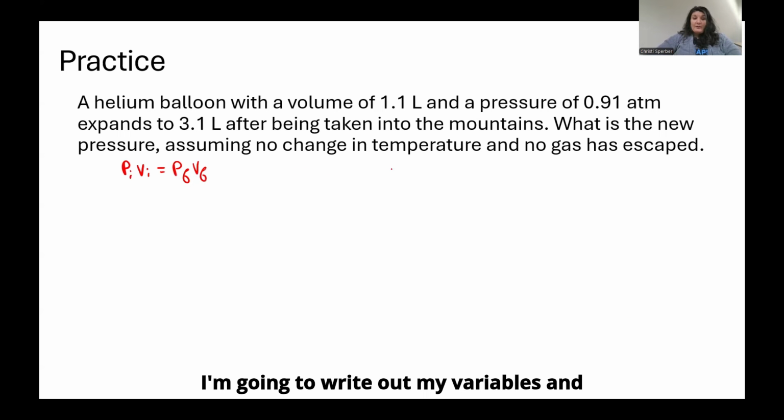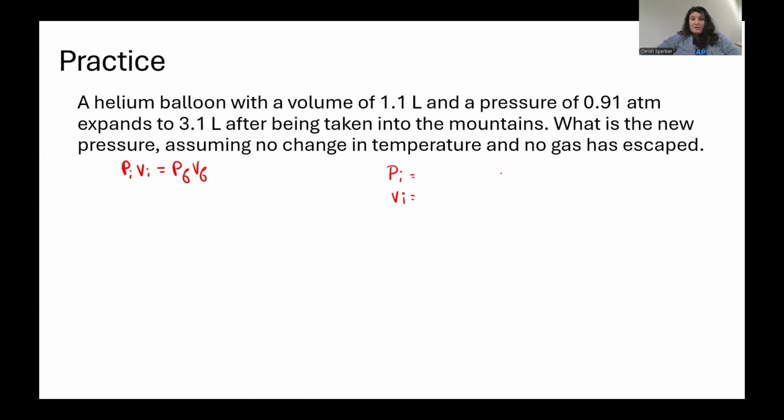I'm going to write out my variables to figure out what I'm looking for. So the initial pressure is 0.91 atmospheres. The initial volume is 1.1 liters.